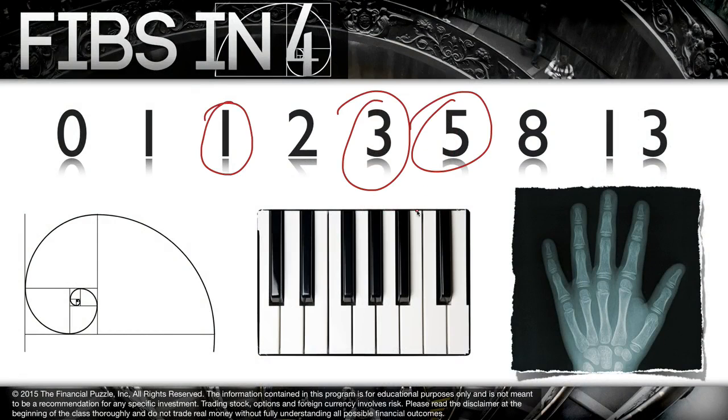If you played notes 1, 3, and 5 on a keyboard, it is going to sound aurally pleasing to you. It's going to sound good. Why is that? I don't know. It's just that life has a certain way of showing us that Fibonacci ratios and golden ratios, which is what fibs are built off from, are pleasing to us. They're pleasing to us visually. They're pleasing to us orally.